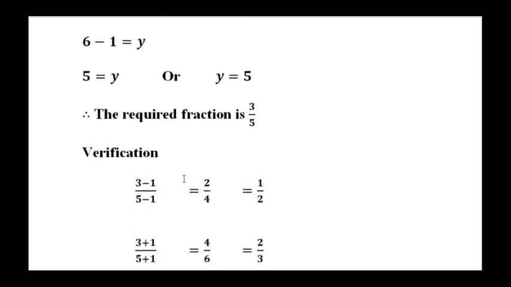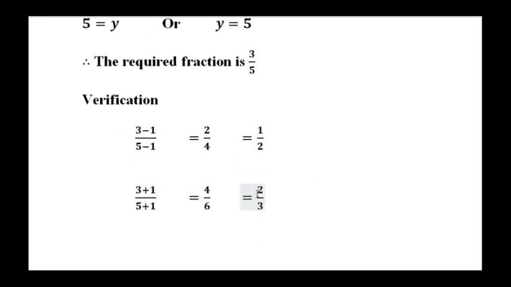Verification. We can verify the solution by performing some calculations. The fraction we have determined is 3 upon 5. If we subtract 1 from both the numerator and denominator of the fraction 3 upon 5, the result is 1 upon 2, which satisfies the first condition of the question.